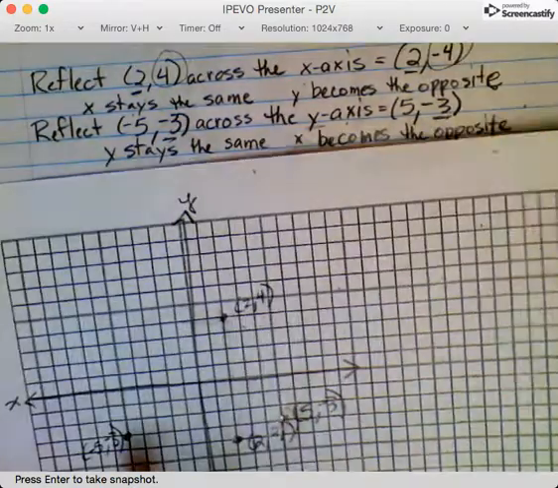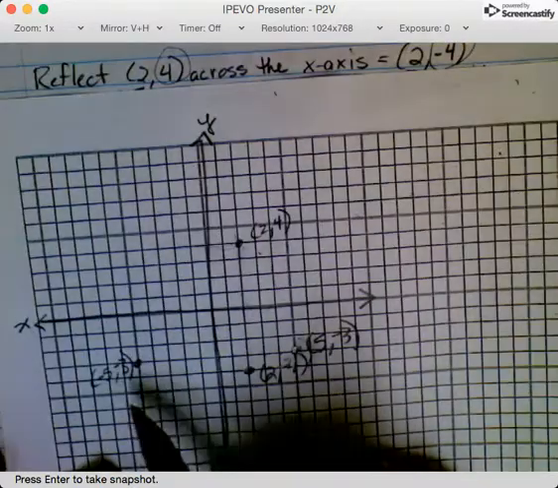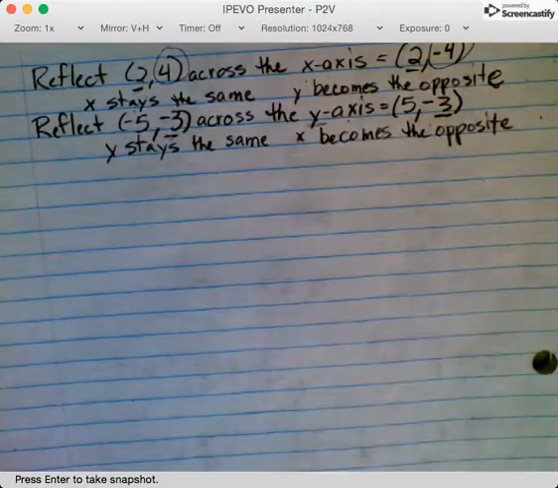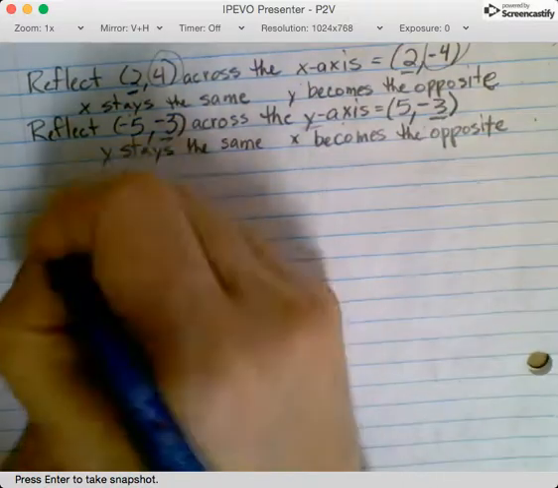So I showed you how to do this using a coordinate grid. Now I'm going to see if we can do some without a coordinate grid.